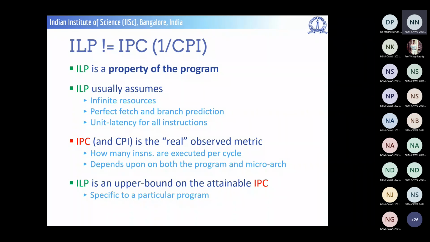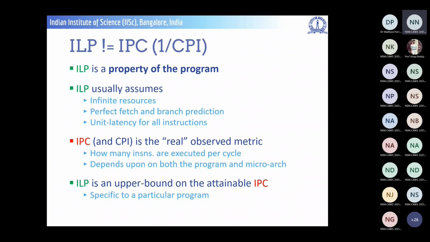Here, one of the key metrics to quantify performance is instructions per cycle, or its inverse, cycles per instruction. If you are thinking about instructions per cycle, higher is better, and if it is cycles per instruction, lower is better.